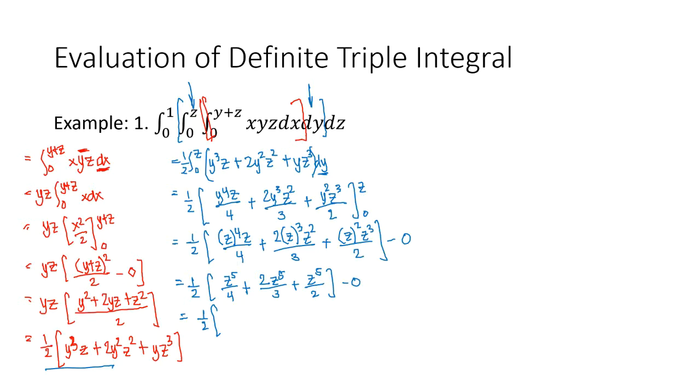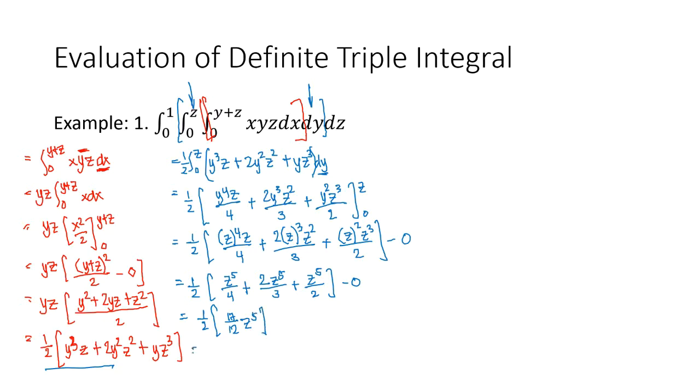And again, we have 1/4 plus 2/3 plus 1/2, that is equivalent to 17 over 12 z to the fifth.